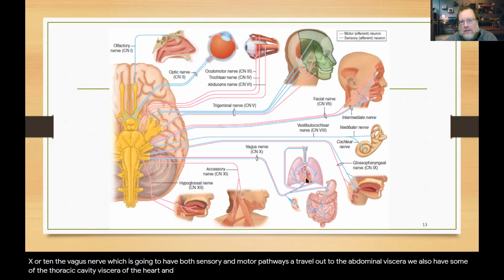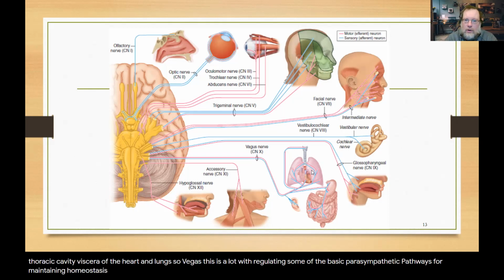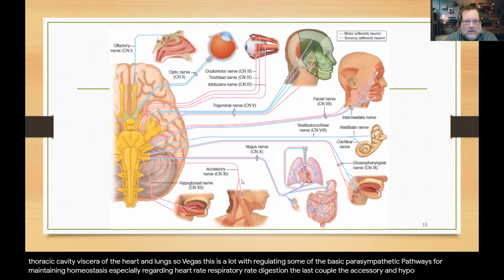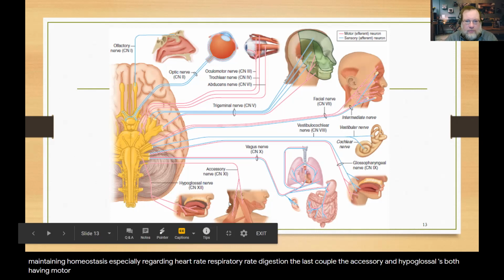So vagus does a lot with regulating some of the basic parasympathetic pathways for maintaining homeostasis, especially regarding heart rate, respiratory rate, digestion.